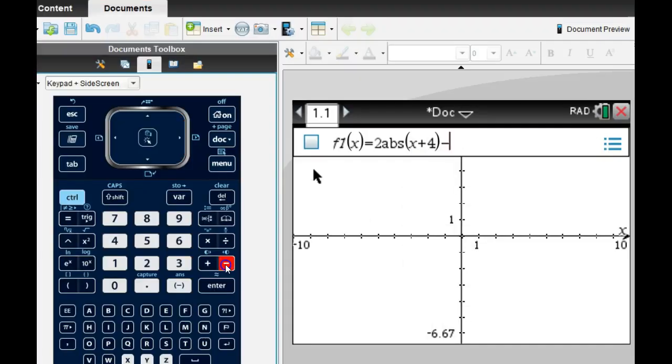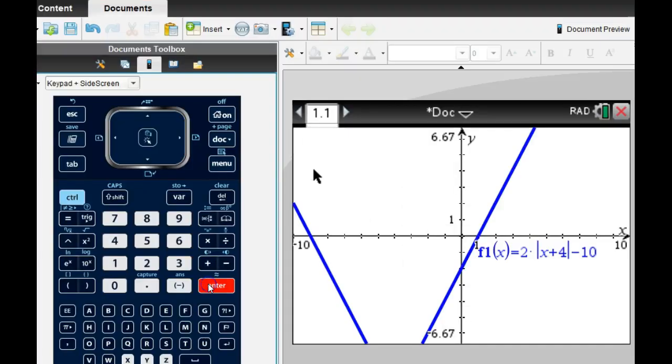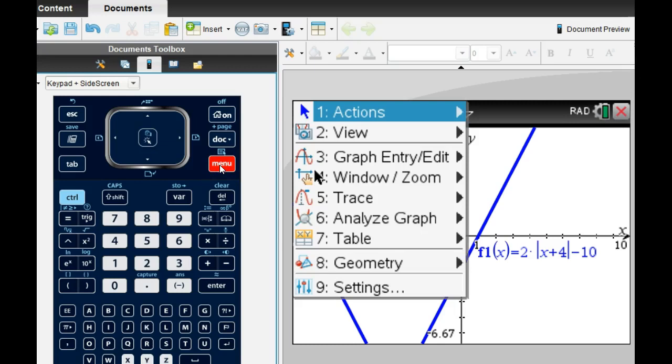And then minus 10. Now that's bigger than I can see, but I can get the x-intercepts and the min or max just by pressing menu what? Menu. What do I press? Menu what?